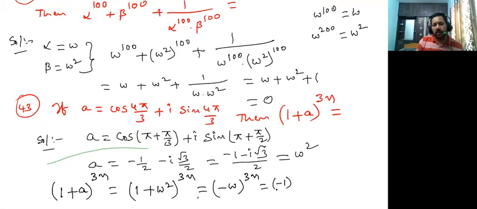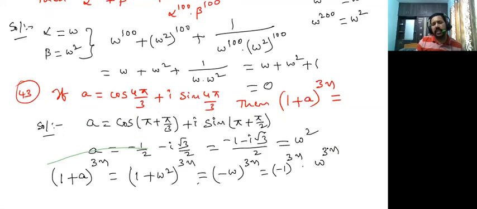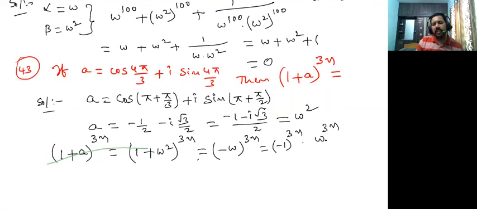Minus 1 whole power 3n into omega power 3n. What is omega power 3n value? 3n means that is a multiple of 3 only. That value should be 1. So here minus 1 whole cube, minus only. Finally, this is minus 1 whole power n. So the answer is minus 1 whole power n. This is the answer.